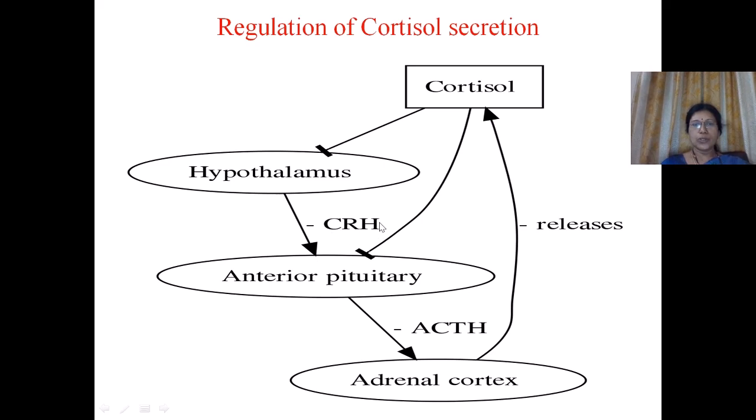It stimulates the anterior pituitary to produce and secrete adrenocorticotropic hormone. The adrenocorticotropic hormone, in turn, stimulates the adrenal cortex to produce and release cortisol hormone.